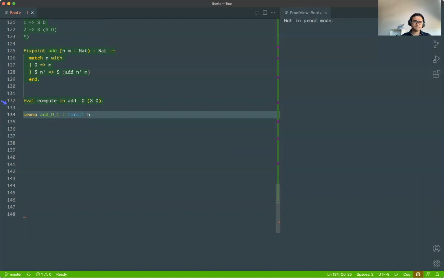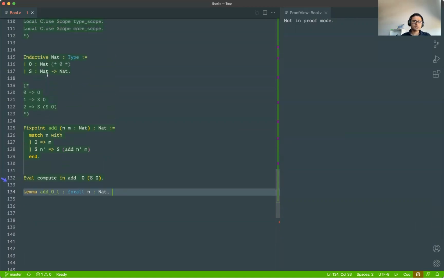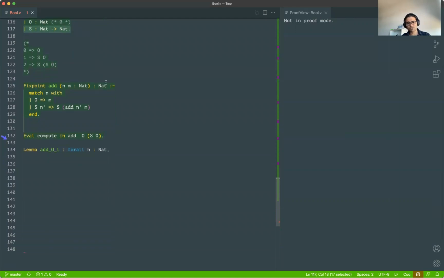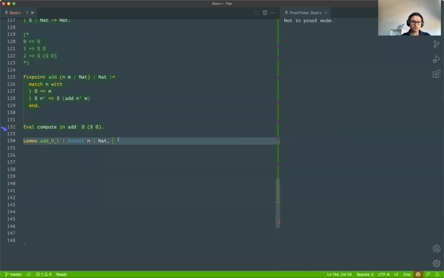For all n of type nat, so every n of type nat, and remember, how can we construct an element of type nat? Either using the O constructor or using the S constructor. Add O n is equal to n.